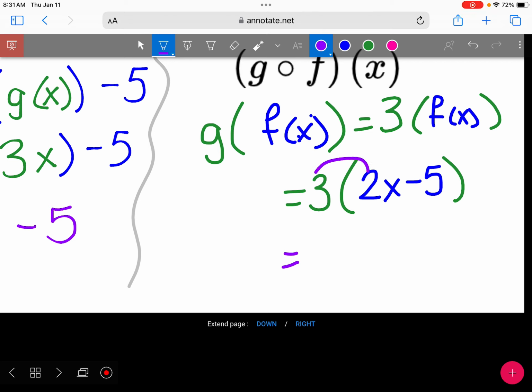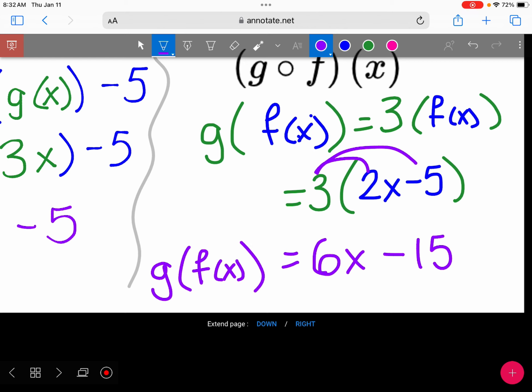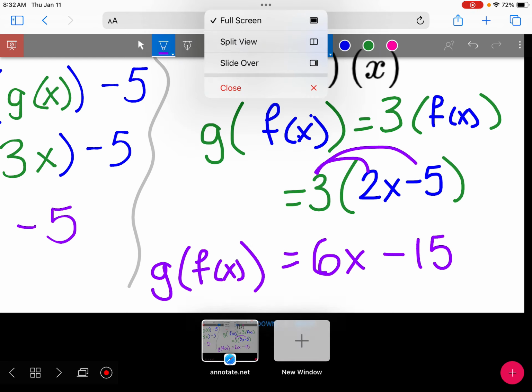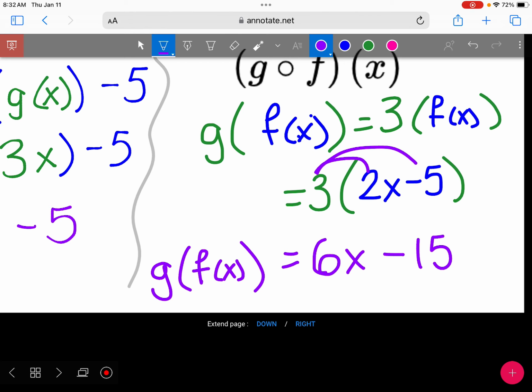So we get 3 times 2x, giving us 6x, and 3 times minus 5, giving us minus 15. So g of f of x is 6x minus 15. Questions on those two?